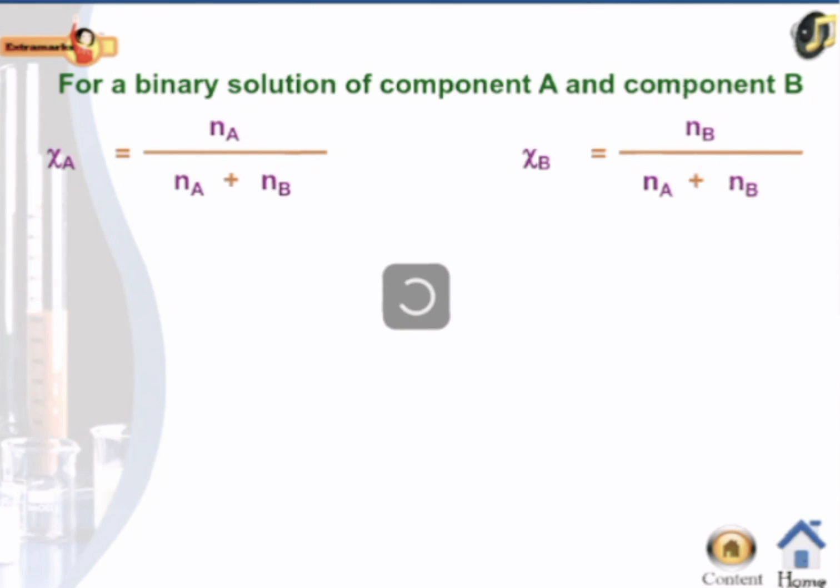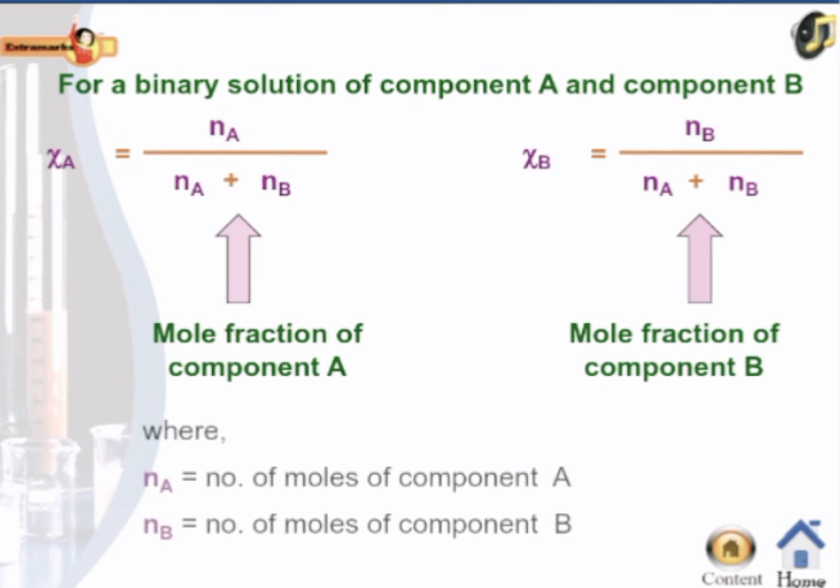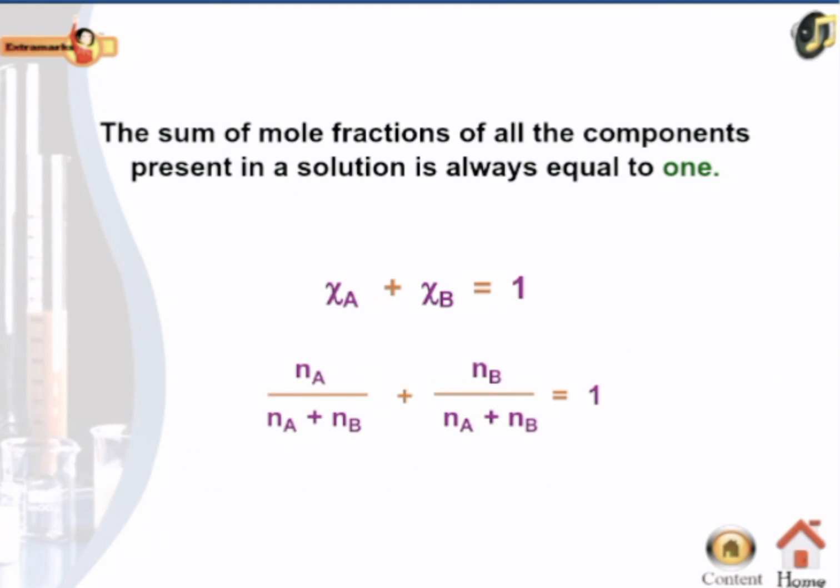For a binary solution of component A and component B, the mole fraction of each can be calculated as follows. The sum of mole fractions of all the components present in a solution is always equal to 1.